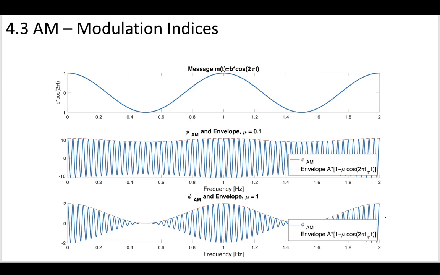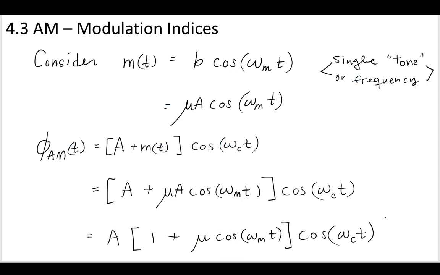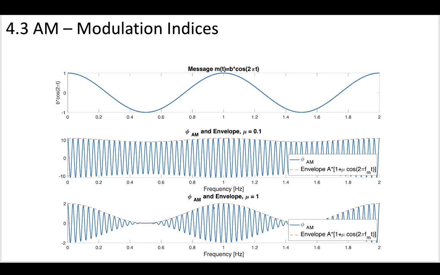Okay, so let's look at this graphically, and let's see how changing A and the index changes things. Our original message is a single tone, just a cosine going from B to minus B. If we choose a very small modulation index, where remember our modulation index is B over A, this means that our A was really big while our B stayed constant.